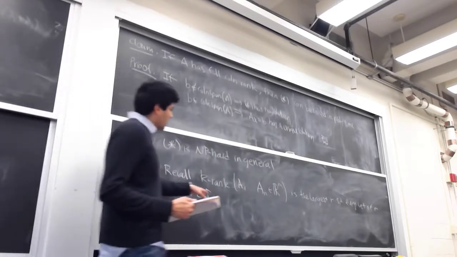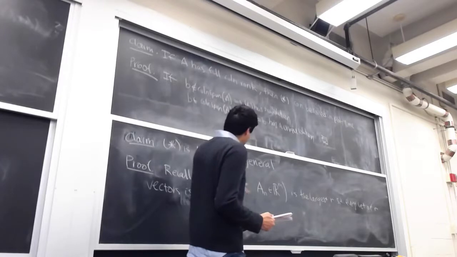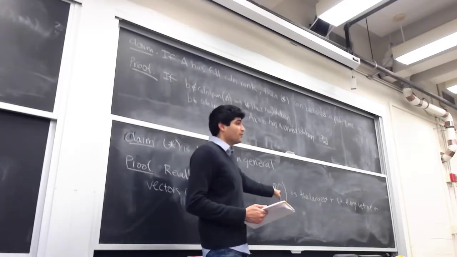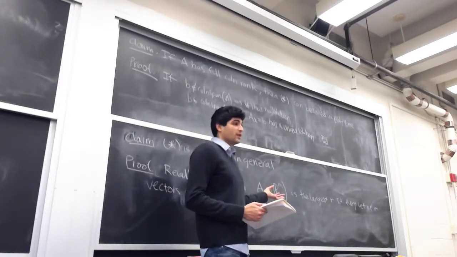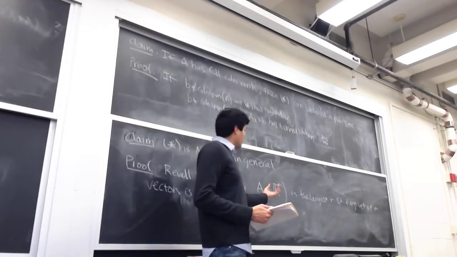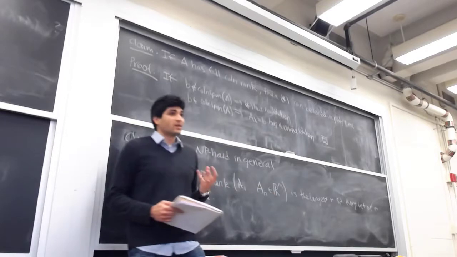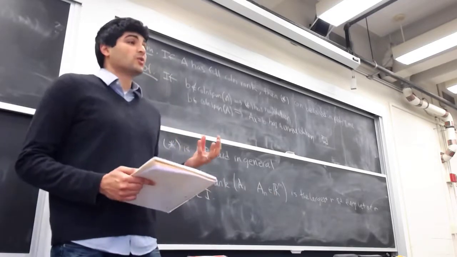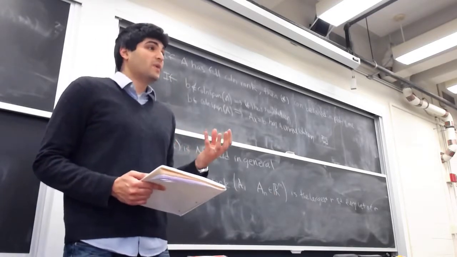For example, in the case where the Kruskal rank is m itself, it's saying every set of m vectors is linearly independent, and that's often called general position. If I chose, for example, n random points in m dimensions, almost surely the Kruskal rank would be m.